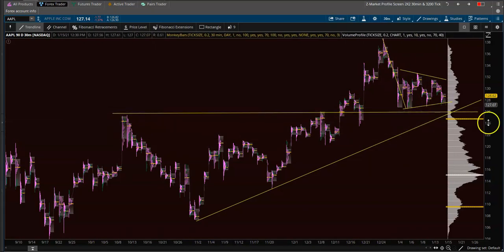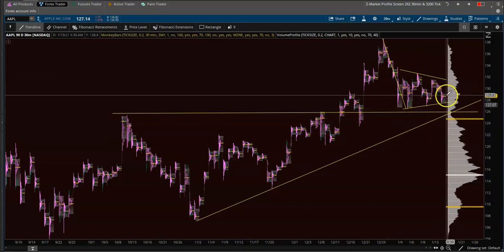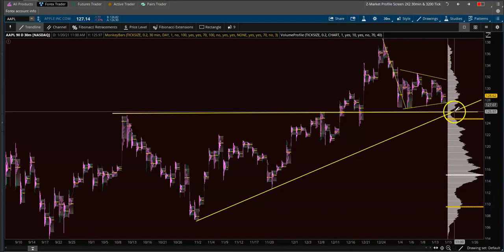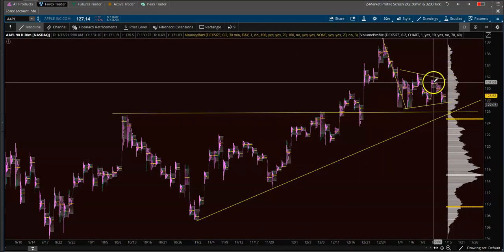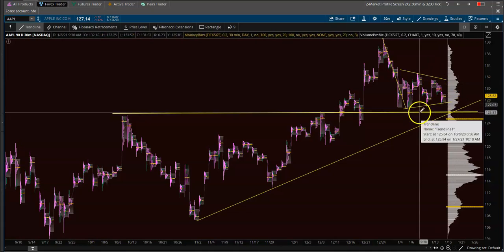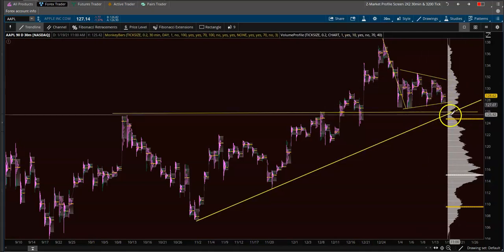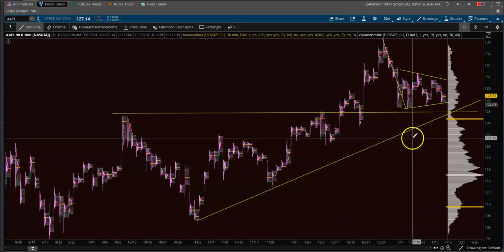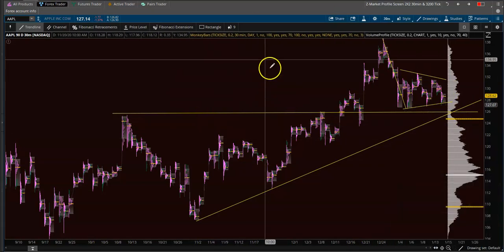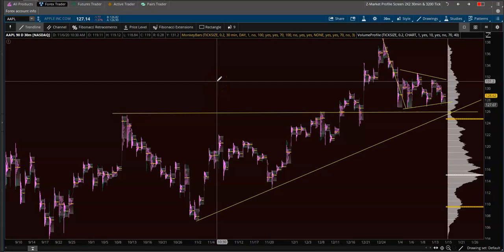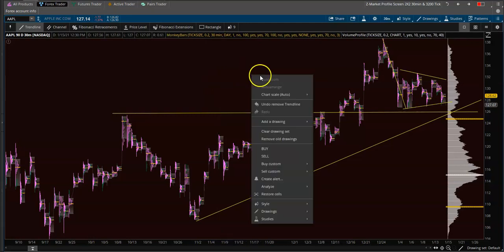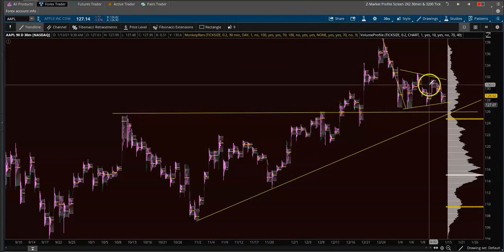But if we lose this, I won't be surprised if maybe it takes another day or we come down and then we break below. Well, now we'll break the trend line and also the support level that should be support right now. I hope this helps you guys see how to look at market profile in a different way.